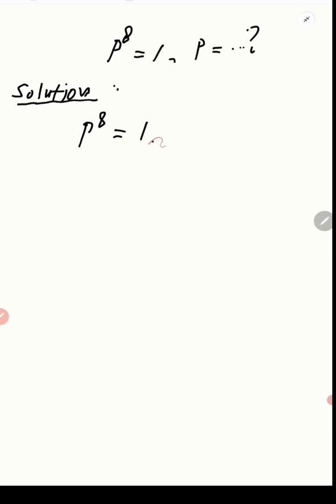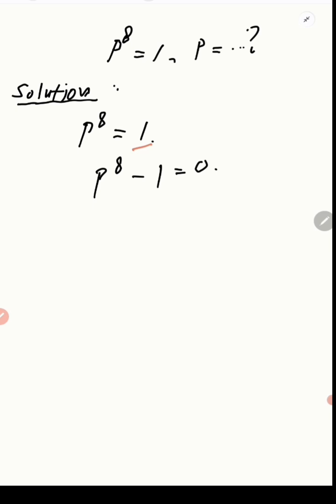First of all, we move 1 to the left side. It becomes p to the power of 8 minus 1 is equal to 0.